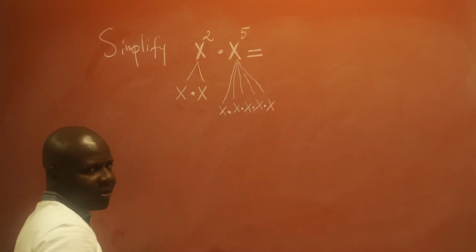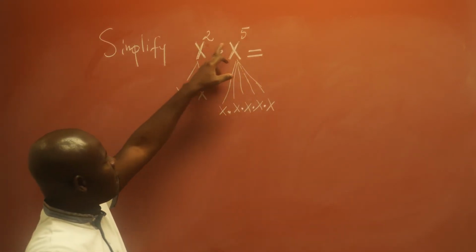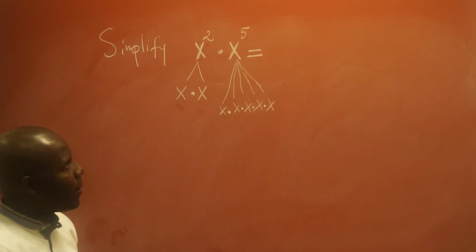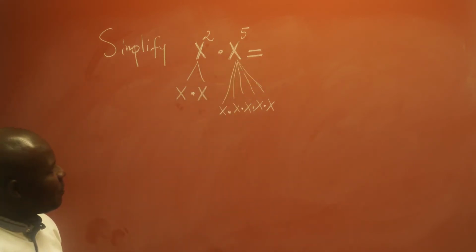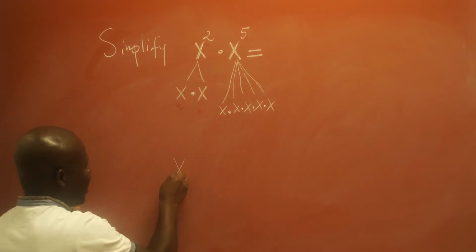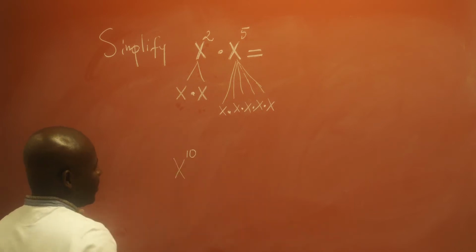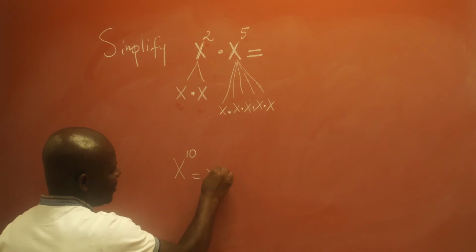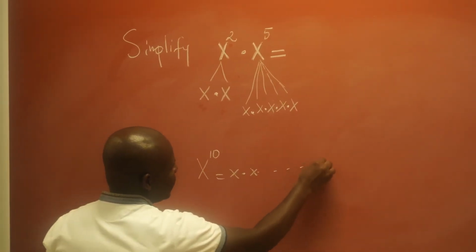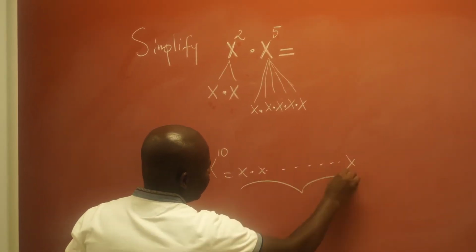Here x represents the base, and 2 or 5 represents the power. So say you have x multiplied in 10 places, it's going to be x with base power 10. Yes, you have x to the 10th power. That means you have x times itself 10 times.